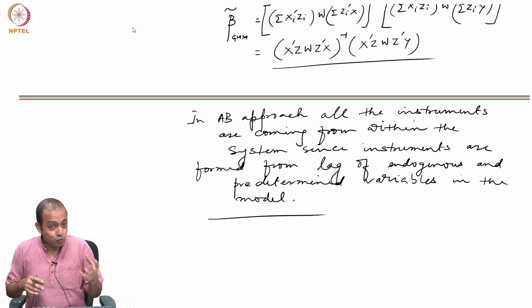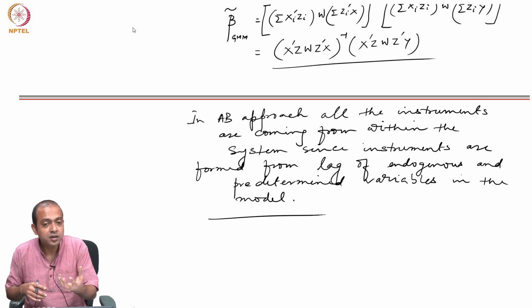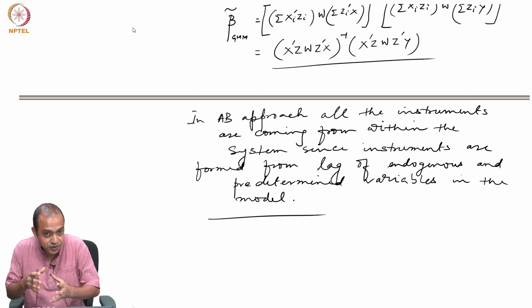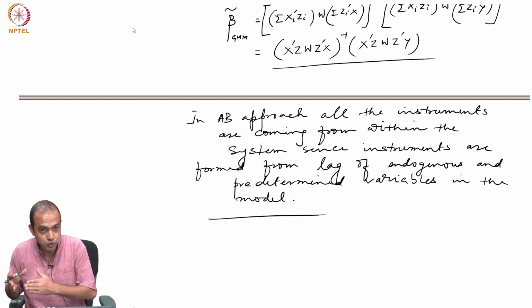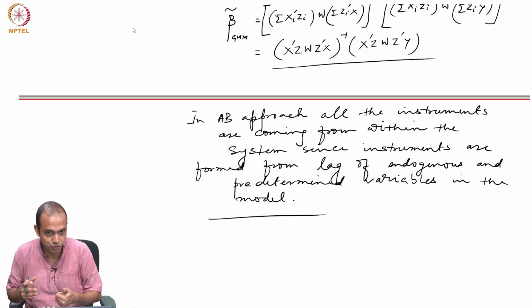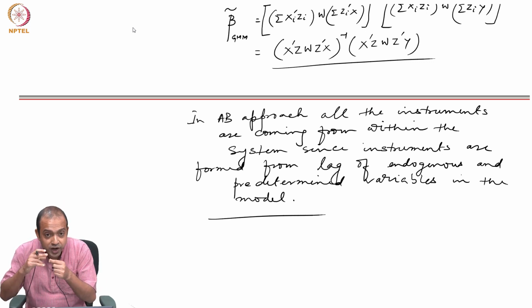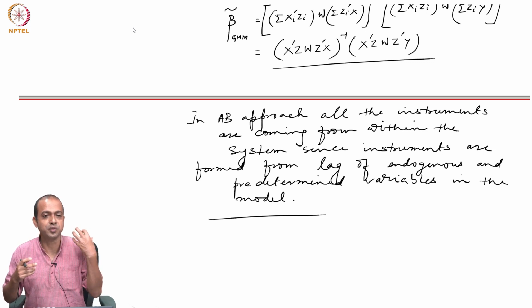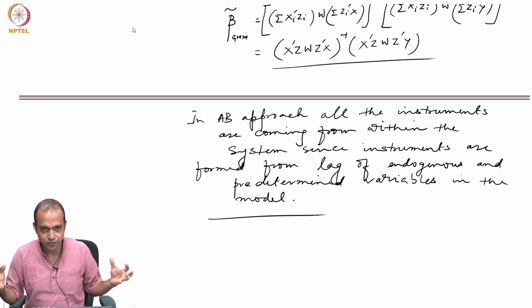Okay, one advantage of this is that, as you know, an instrument requires two conditions to be satisfied. First of all, they should be highly correlated with the endogenous variable. Obviously, since instruments are coming from within the system, my yit minus 2 would definitely be correlated with yit minus 1 minus yit minus 2. But when you have too many instruments, then satisfying over-identifying restrictions for each of these instruments becomes a challenge for you.